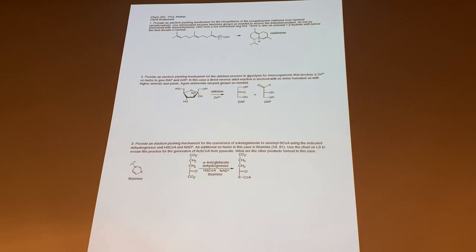Here we have a sesquiterpene. This is a 15 carbon going to cadinene, which is this 15 carbon thing here. And that's a little bit tricky to do. You start out the same way, allylation, and then you cyclize here from here over to here. That's a little bit tricky.